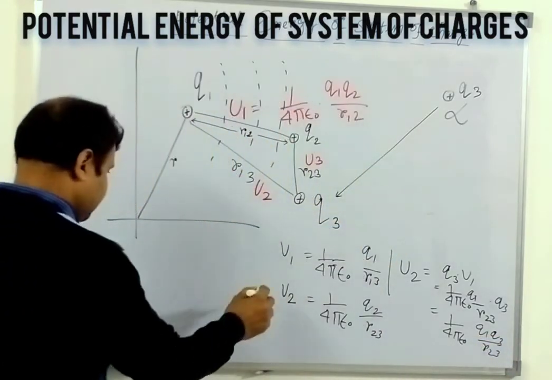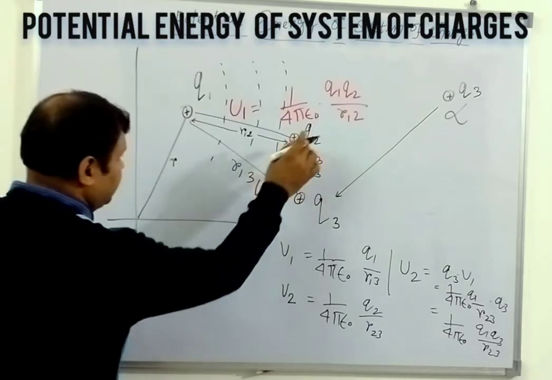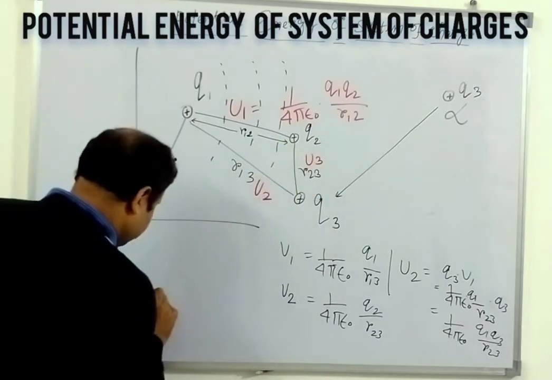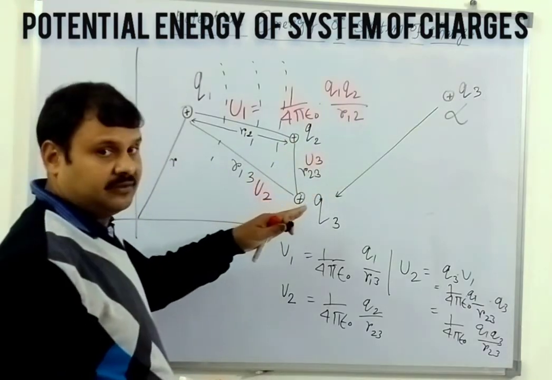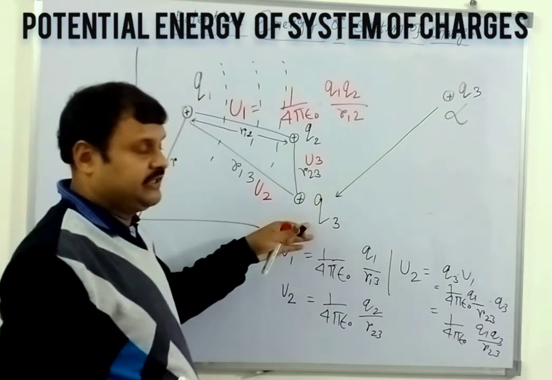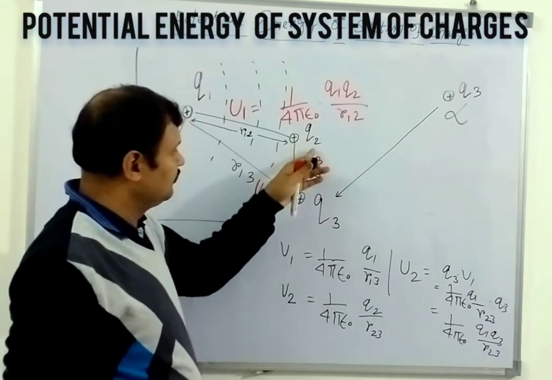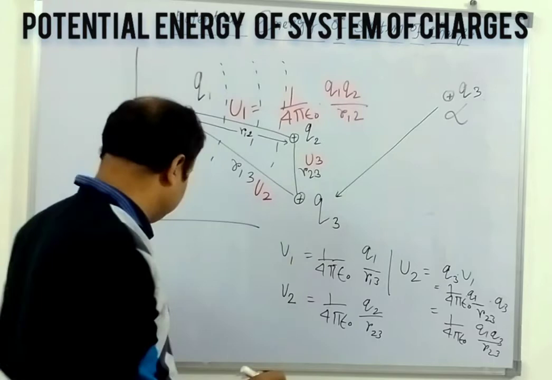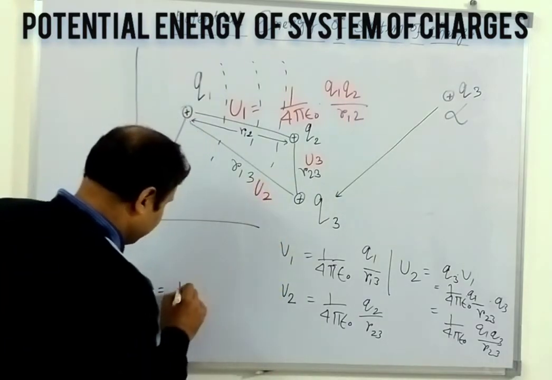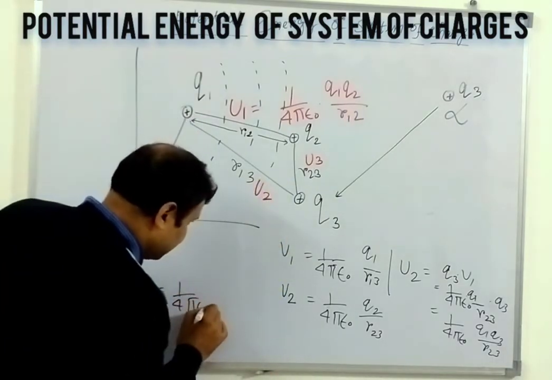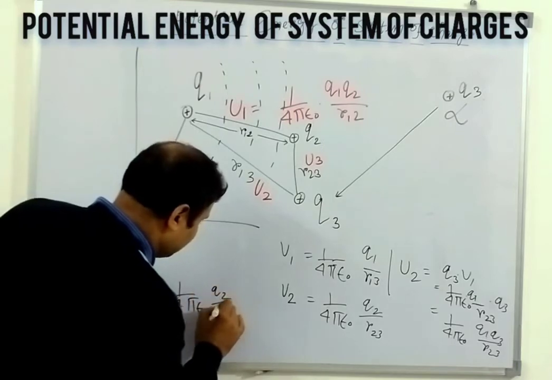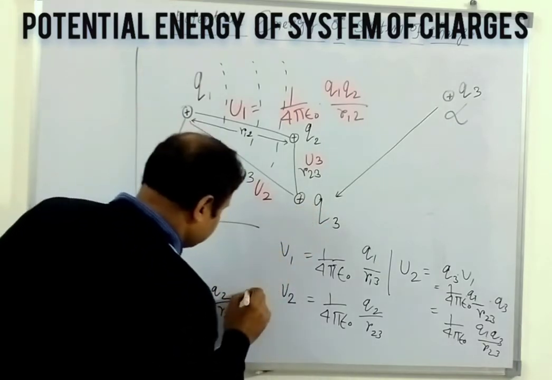Similarly, for U3, this potential energy will be gained by Q3 against the repulsive force of Q2. U3 will be 1 by 4 pi epsilon naught, Q2 by R23 into the charge Q3.